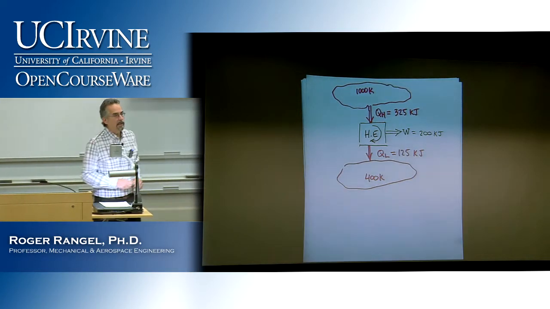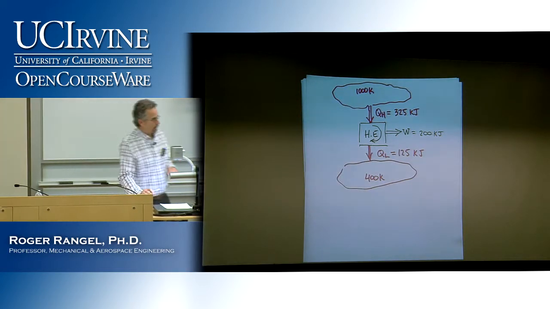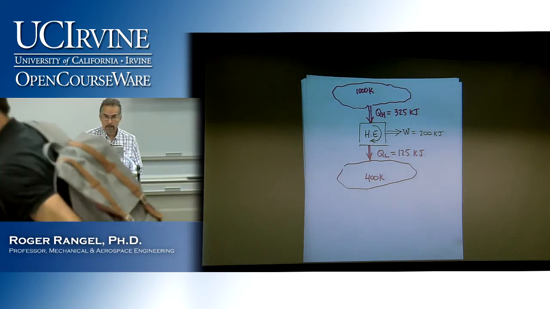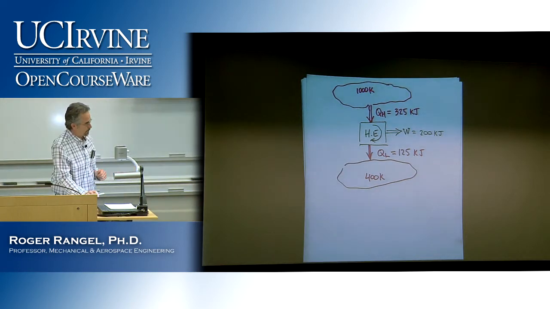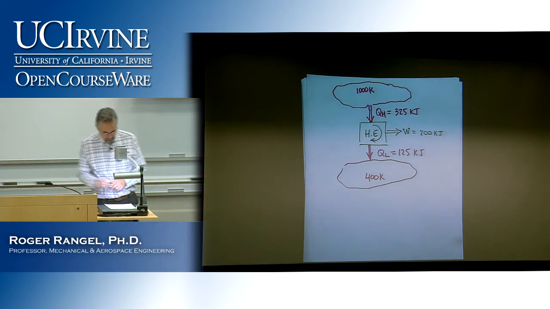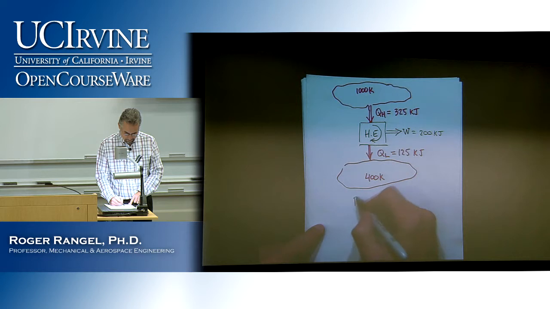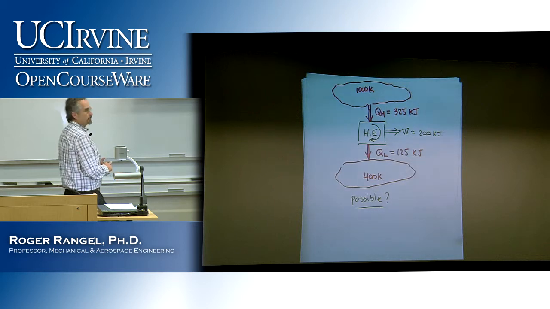So somebody comes to you and tells you that they have this heat engine, and then you are to review it and tell me or the person whether this is possible or not. Okay? That's the question. All right. Is this possible?